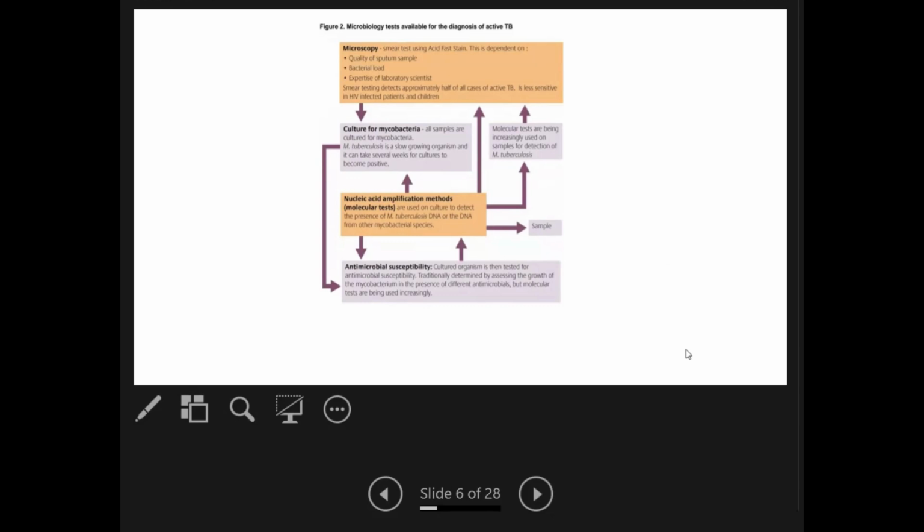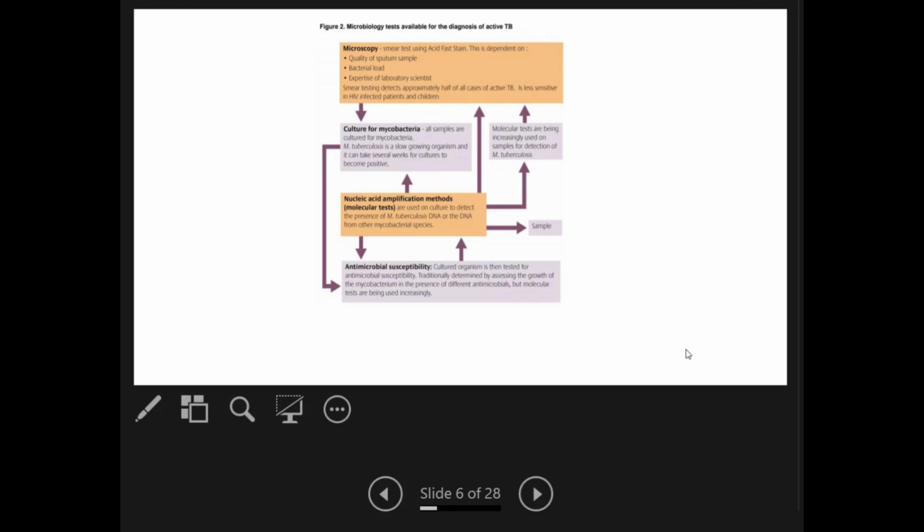In this slide, this is just a summary of the pros and cons of microscopy, culture, and molecular testing. As I said before, the microscopy test is very simple and very easy, but the sensitivity is less.